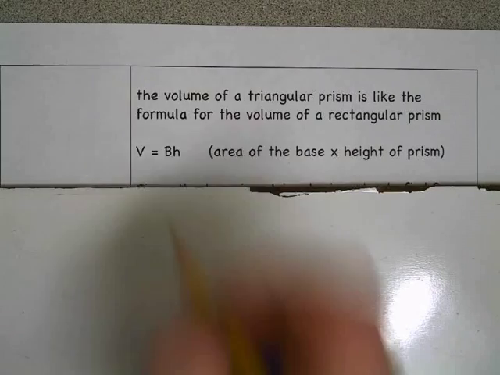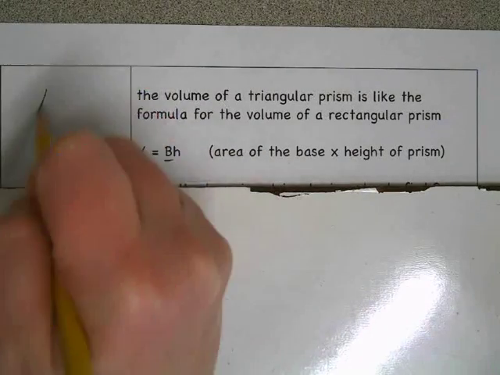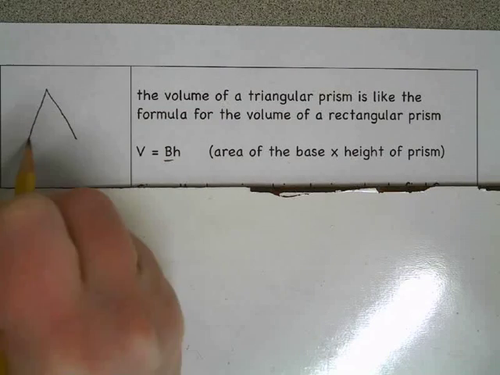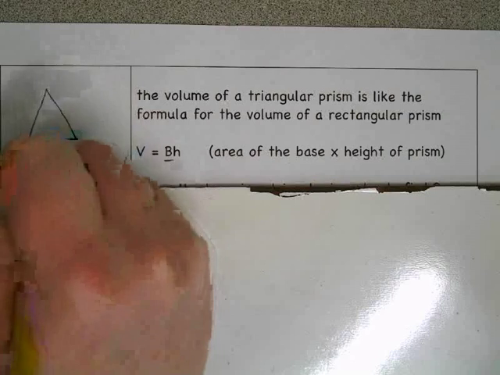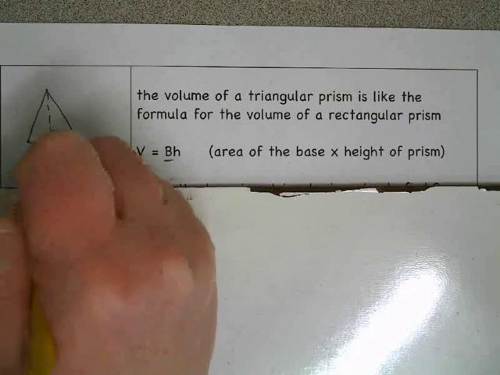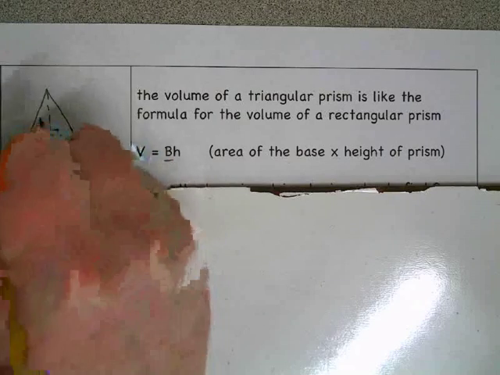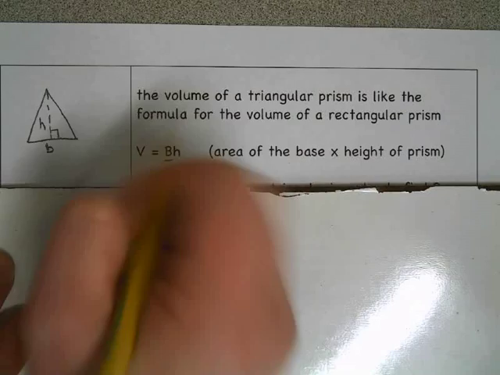Okay, so let's review real quick. If it's the area of the base, and the base is a triangle, so this will be the base of our triangular prism. This is the height of the base, and this is the little b, base of the base.